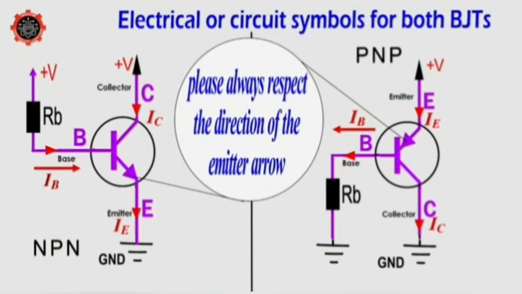Now to round up this section, as we can see, the collector current IC flows towards the transistor in an NPN type device, while in the PNP type device, it flows away from it. But the direction of the arrow always tells you the direction of the emitter current, whether you are dealing with an NPN or a PNP transistor.